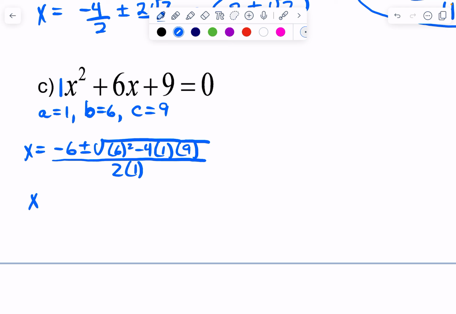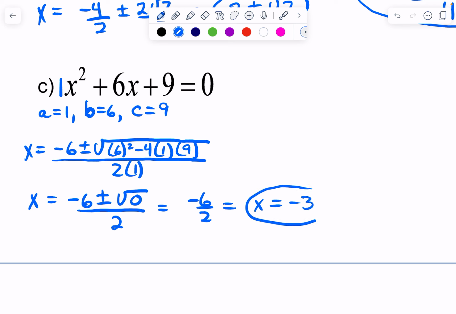So x is going to equal negative 6 plus or minus the square root of 36 minus 36, which is the square root of 0, over 2. Remember that the square root of 0 is 0, so we've got negative 6 over 2. So therefore, x equals negative 3. When you just have one answer, that is called a repeated root.